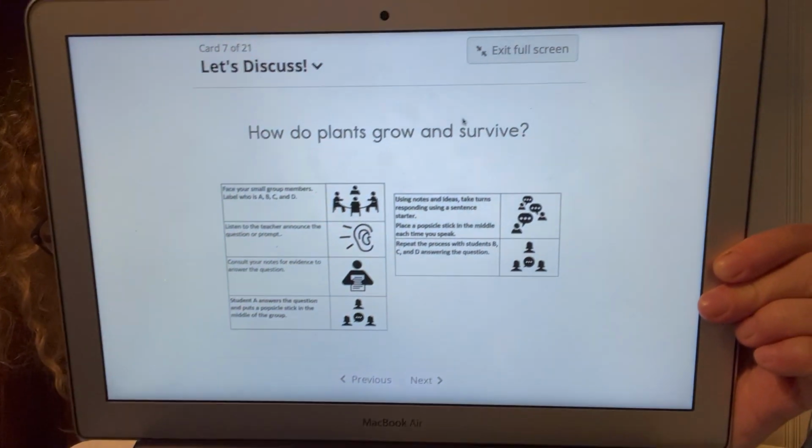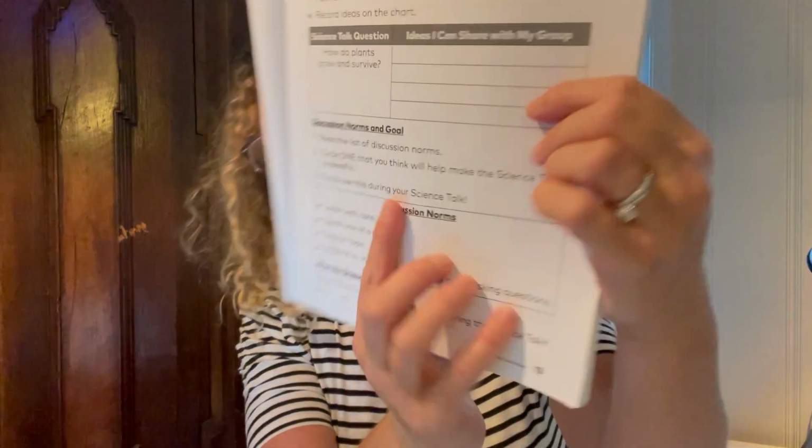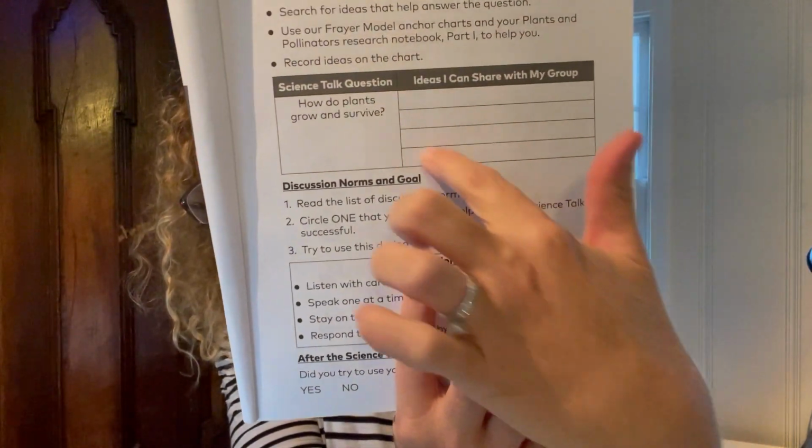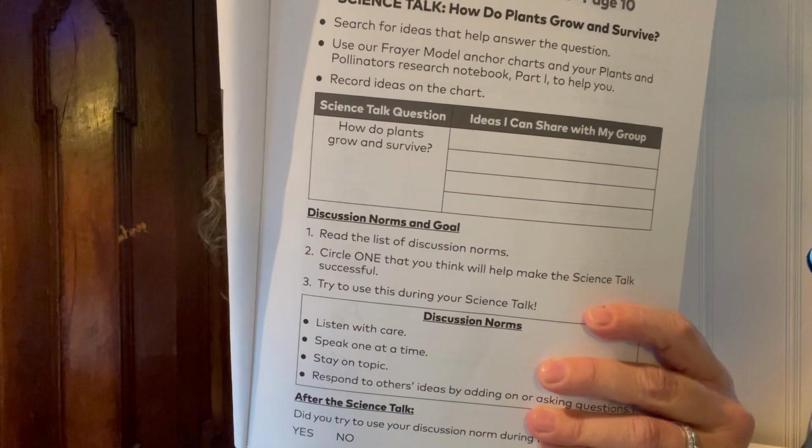So the big question today is, how do plants grow and survive? Think about that for a second. What sorts of things does a plant need to thrive? So we're going to fill out this box here with some of your ideas about how plants grow and survive.